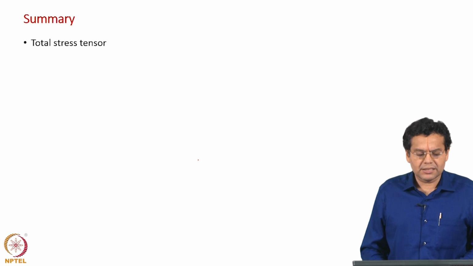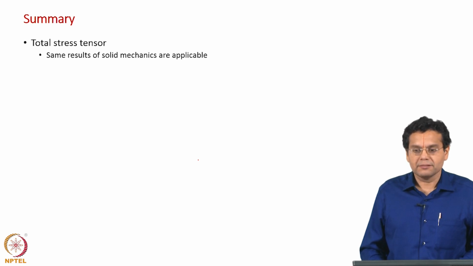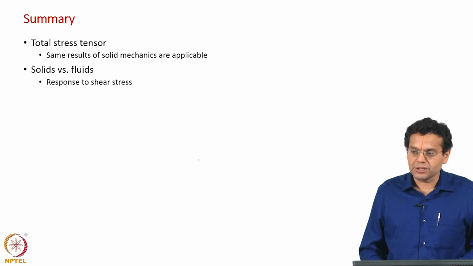Total stress tensor was introduced for the case of fluids; the same results of solid mechanics are applicable. Okay. We discussed the difference between solids versus fluids, specifically in terms of response to shear stress.